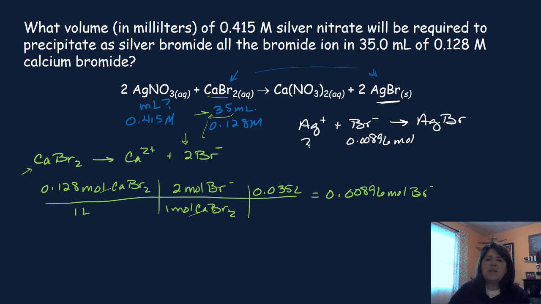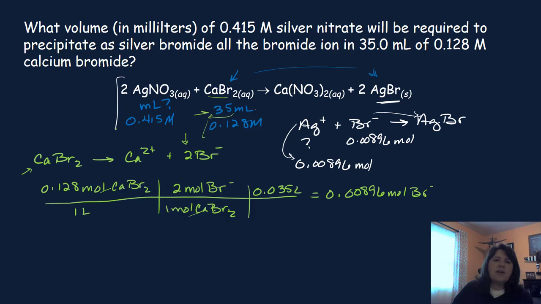So the question becomes, how many moles of silver do I need to get all of the bromide ions into that salt? It's a 1-to-1 mole ratio. So if you said, hey, Norton, that's going to be the same amount because it's a 1-to-1 ratio, you are right. So I need 0.00896 moles of the silver.